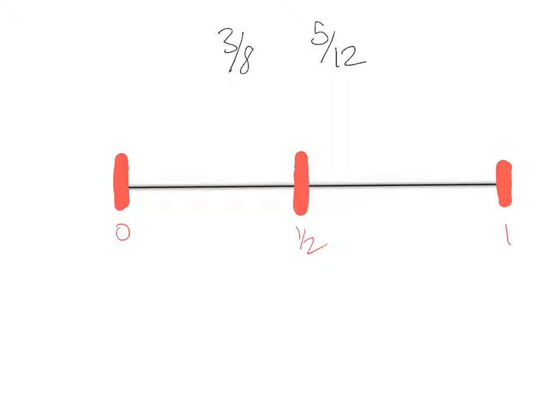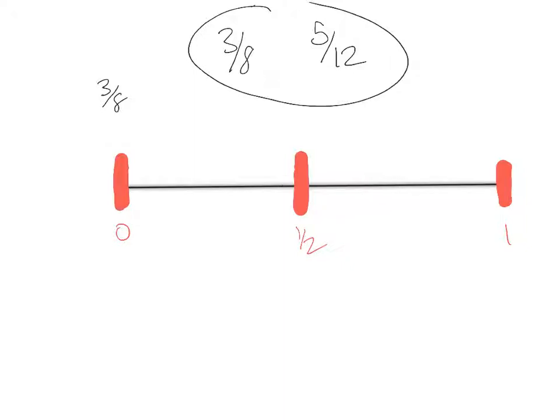Now again, I don't necessarily want you to compare these two yet. You're going to compare them to a half first, right? Why do we do this? Instead of going through and setting each to a common denominator, it's a quick way that you can look at fractions and go, boom, I know that this fraction is bigger than that. So let's start with 3/8 and we'll figure out where it is.